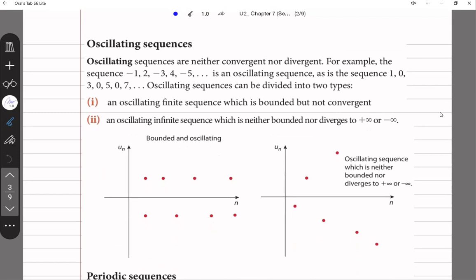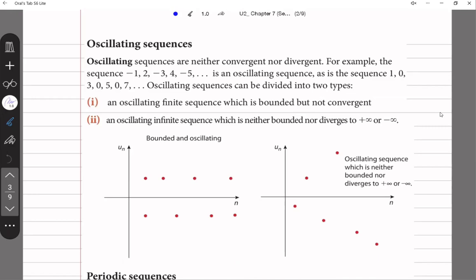For example, the sequence -1, 2, -3, 4, -5 is an oscillating sequence, as is the sequence 1, 0, 3, 0, 5, 0, 7, etc. Oscillating sequences can be divided into 2 types: an oscillating finite sequence, which is bound but not convergent, and an oscillating infinite sequence, which is neither bound nor diverges.